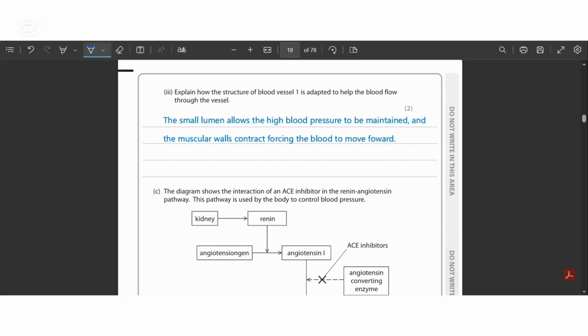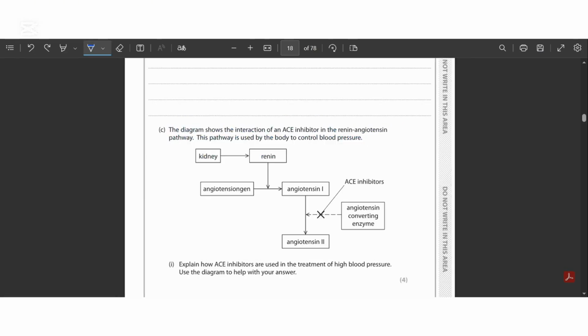Since it was a 2 marker, the first mark was for the point that the small lumen allows the high blood pressure to be maintained, and the second mark was for the muscular walls, since we have explained two adaptations of blood vessel 1. So we are done with this question.